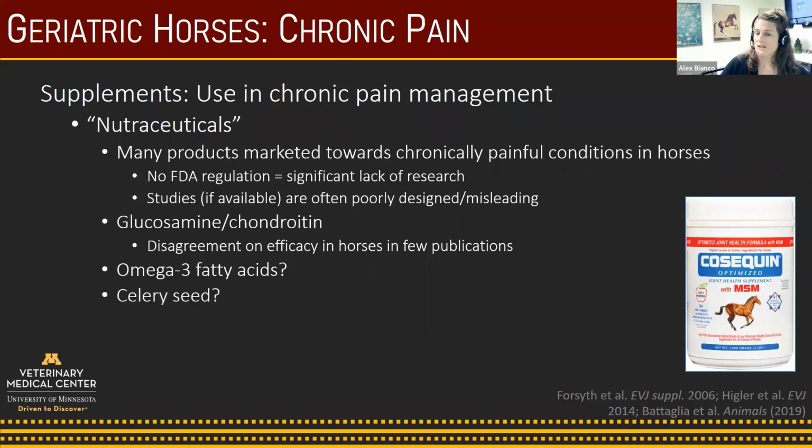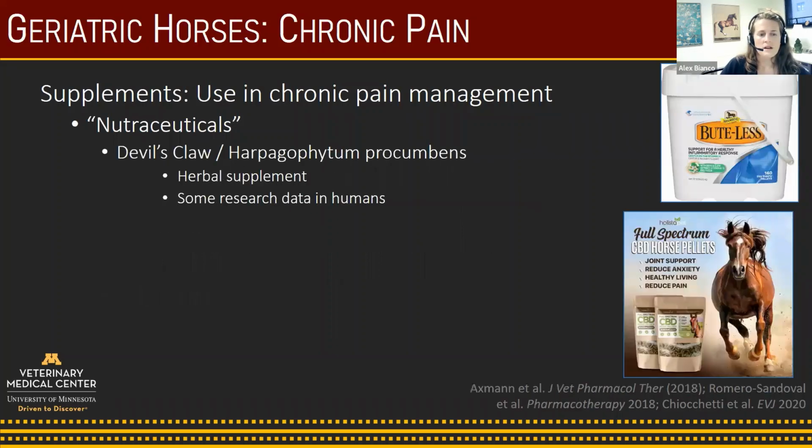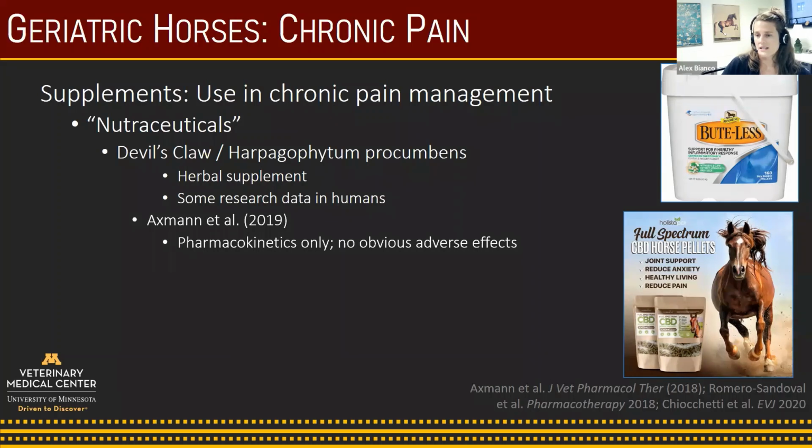Again, same thing with celery seed, which you'll see out there as another supplement. Devil's Claw, I mention that one here because I hear about people using that a lot. This is what's in Buteless, and it's an herbal supplement. There's some data in humans, but in horses, there's only one study, and it says that basically, yes, it gets absorbed, and there are no obvious side effects, but they weren't looking at all at whether it was effective or not.